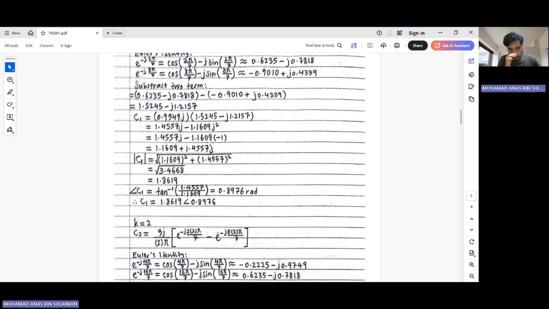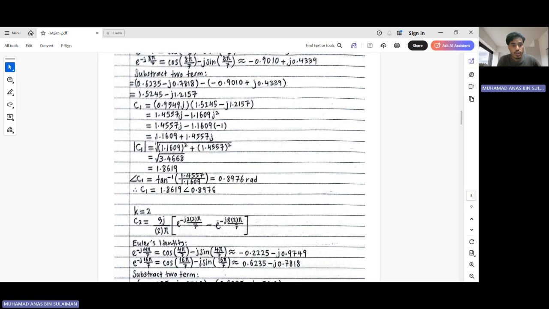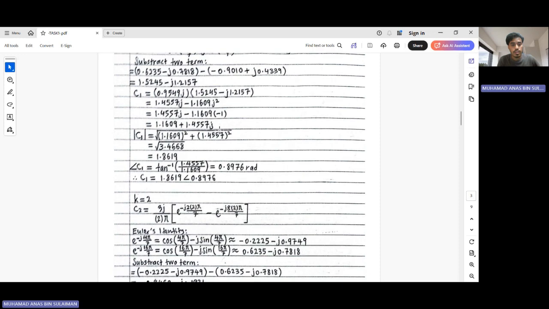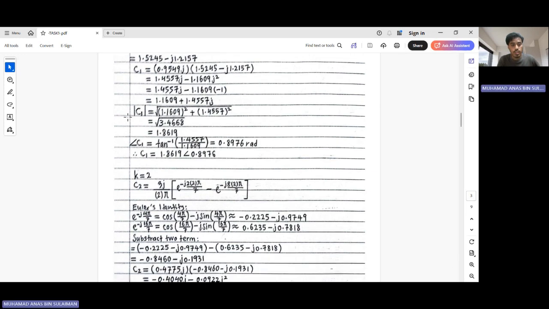After we multiply, we get the value 1.4557 j minus 1.1609 j squared. The j squared we convert to negative 1, referring to the identity, and we get the c1 expression: 1.1609 plus 1.4557 j. After that, we want to find the magnitude value.